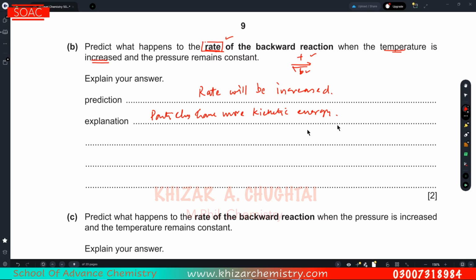The next thing is, for more marks, you can say there are more number of effective collisions per unit time.